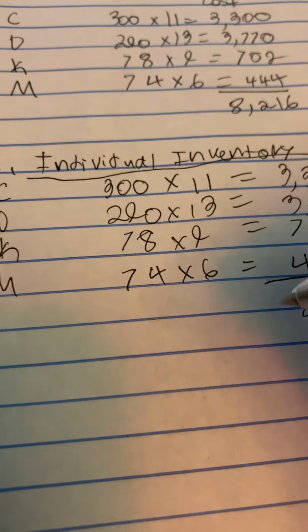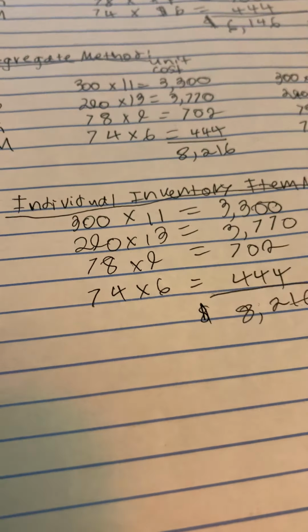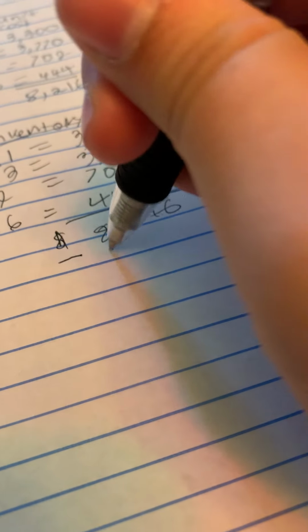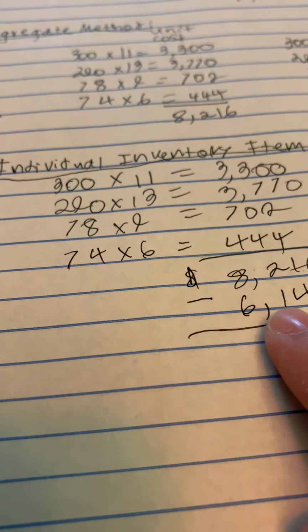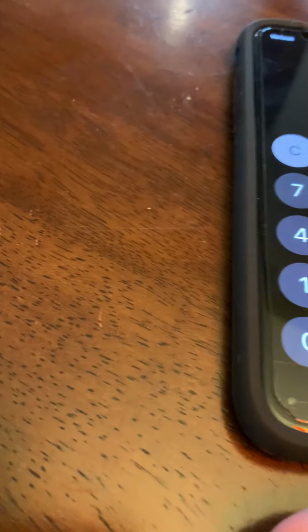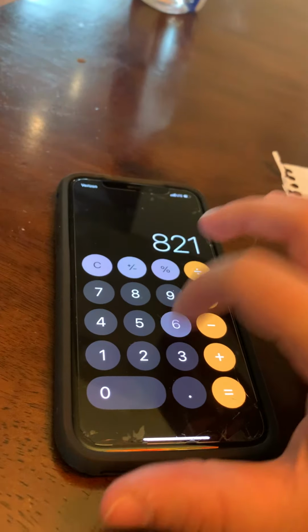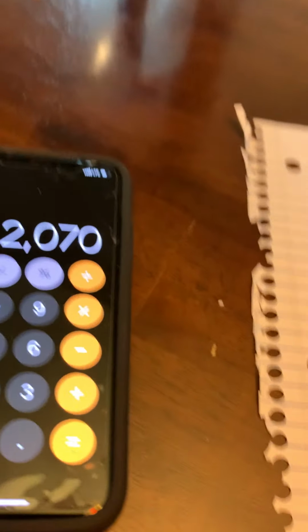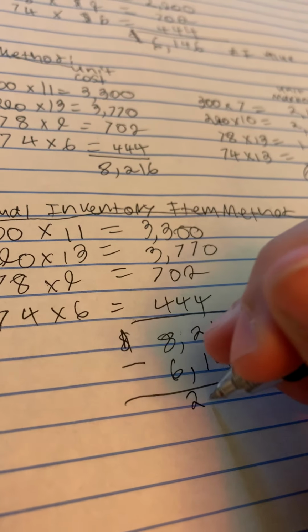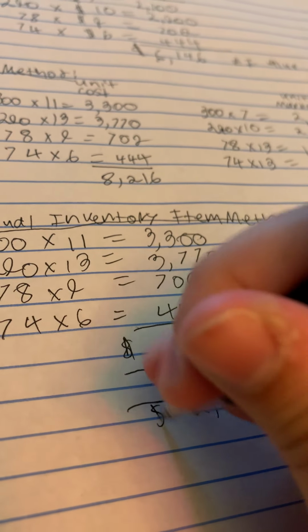So now all we have to do is take this 8,216, subtract what our ending inventory value was for this method, and you get 2,070.